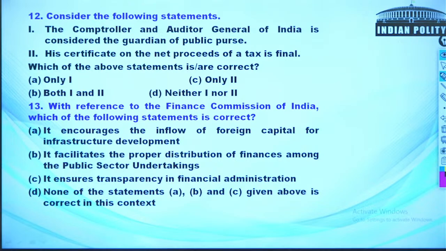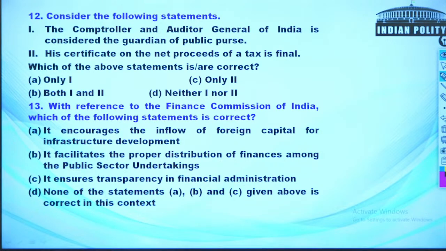That is not the responsibility of the Finance Commission. It ensures transparency in financial administration. That is not the duty of the Finance Commission.